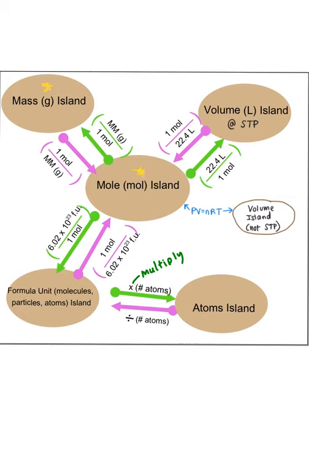So we're going to take what's given, and we're going to cross this bridge. We'll take what's given and multiply by 1 mole over mm, and remember, mm is the molar mass. So let's flip the island and go from moles back to grams, but now I would use the molar mass of Fe. Or if they ask for anything else, we would use transitions to the other islands.